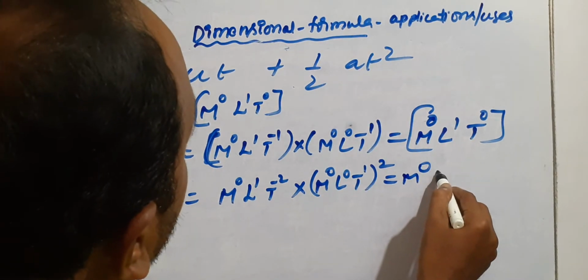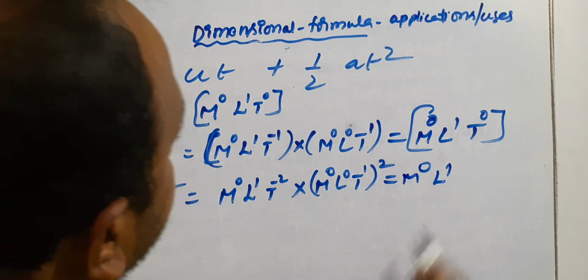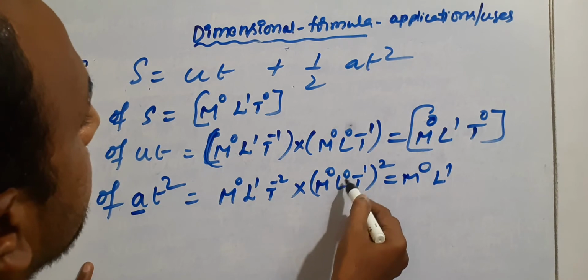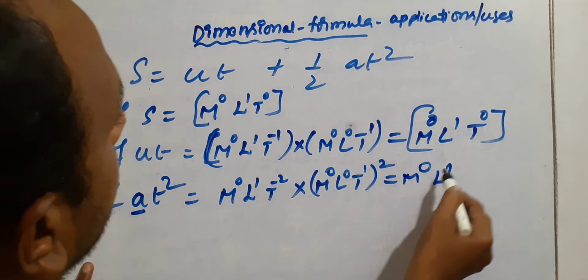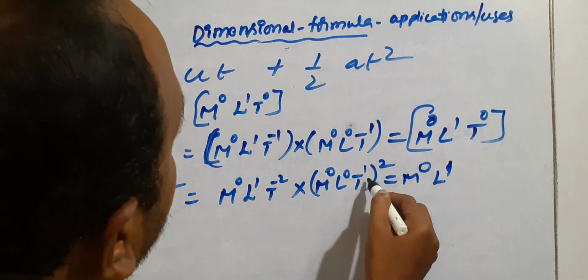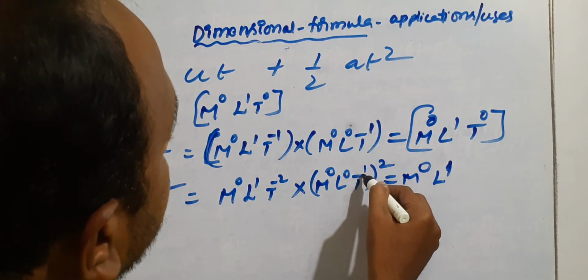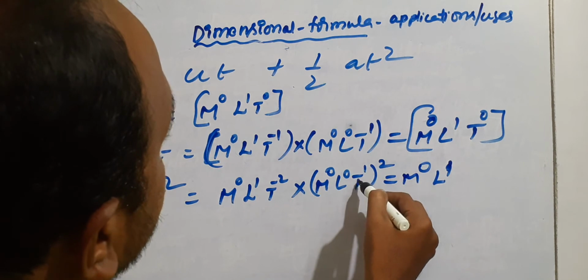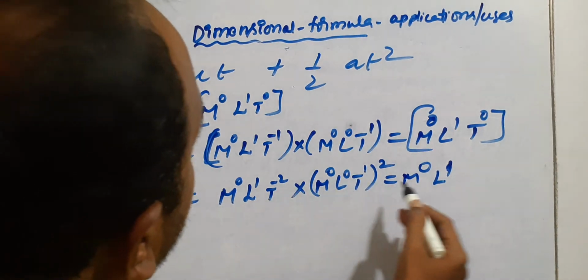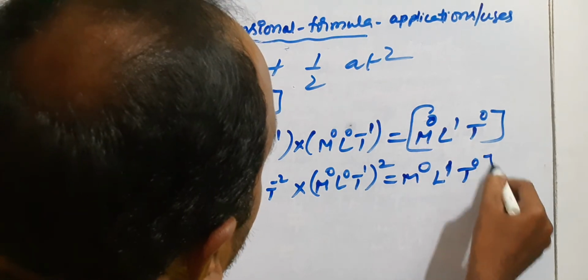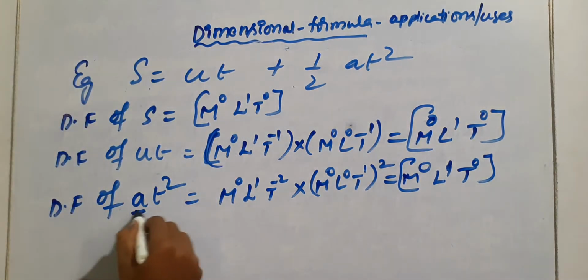So L power 1 into L power 0 is L power 1, and T power minus 2 into T power 1 whole squared, that is T square, gives minus 2 plus 2, so T power 0. So this is the dimensional formula of at square.